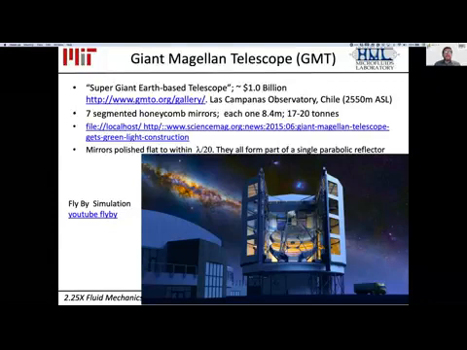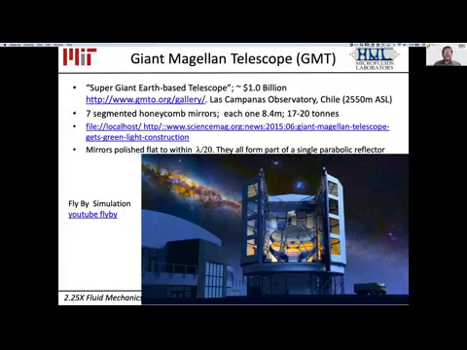At the end of the day, this is going to consist of a very large set of mirrors, 7 all in all. Each one is about 8.5 meters across and weighs 17 to 20 tons. And each one of them is polished flat to within about a 20th of the wavelength of light. And then by mounting them like this, they're all going to exist together as one single large parabolic reflector.